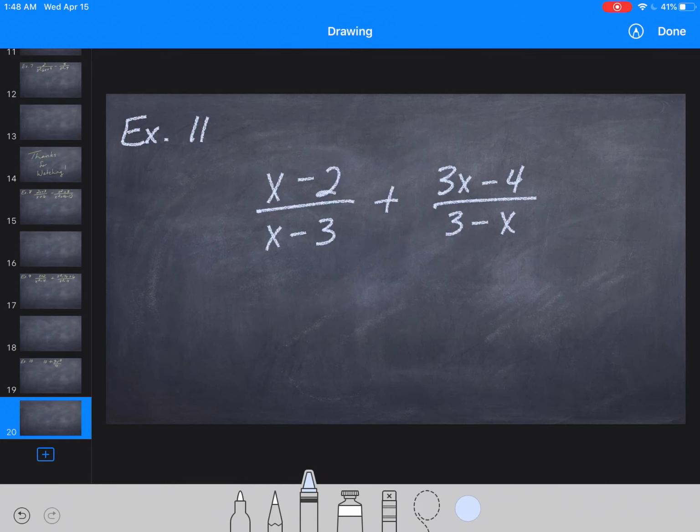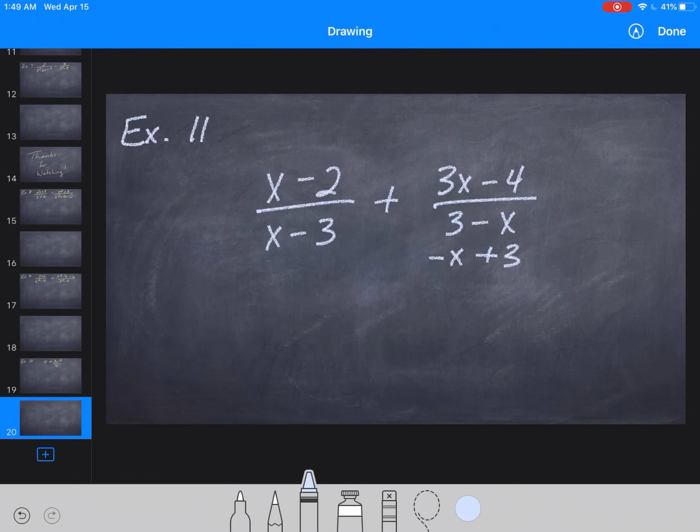If you have something like this and you notice that one denominator is x minus 3 and the other is 3 minus x, they're almost the same, but the signs are wrong, because you have a positive x and a negative 3 in your first denominator, and the second denominator has a negative x and a positive 3.